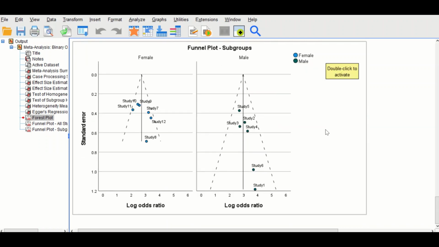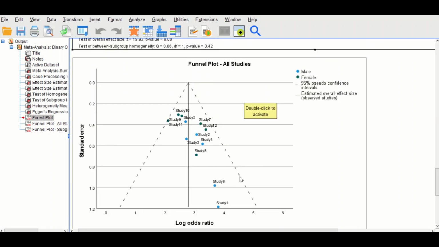If we scroll down here, we can see that 2 funnel plots are produced, one for the males and one for the females. And as we can see here, the distribution for the males shows that there is a higher proportion of the studies to the right. So there is asymmetry of distribution of the odds ratio, and for the females there are 3 here and 3 here, so studies are equally distributed on both sides.